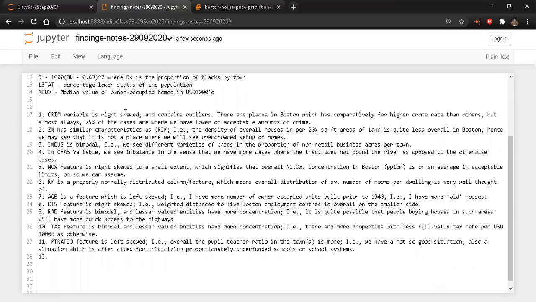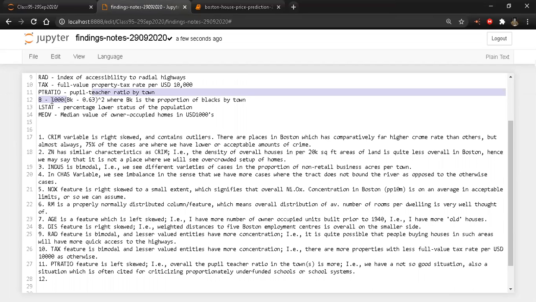Let's say the proportion is 1. Then what is this value? If the proportion is higher, then this value becomes higher. The square also becomes higher. Then this overall value becomes higher, right? So if BK is higher, then the difference between BK minus 0.63 and then the square, this is not a square root, this is a square.